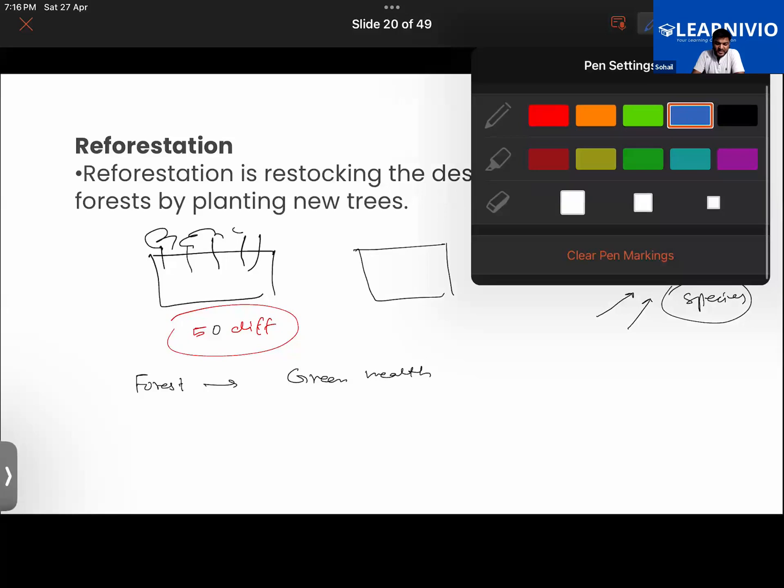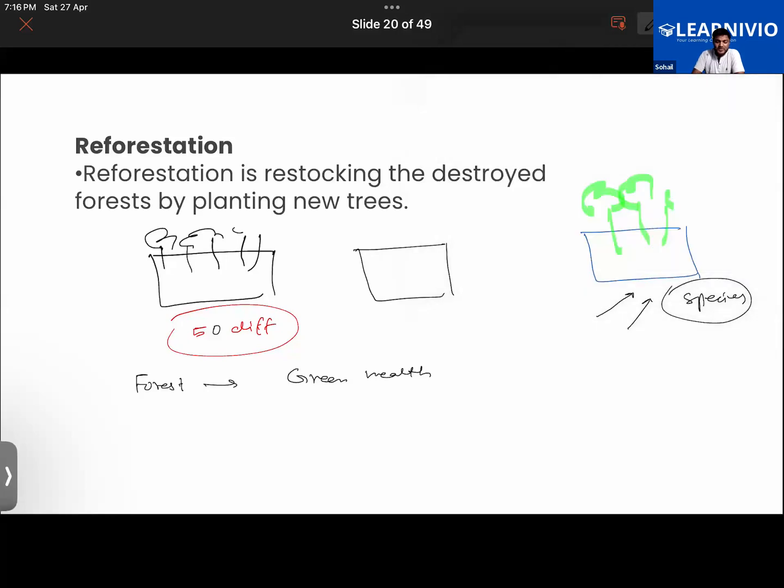If you might have noticed, when there was lockdown in the pandemic, you might have seen that so many rivers became clean. So many forests started to become very lush green. Did you guys notice that? Visibility increased, air visibility increased. So we have seen that nature can repair itself naturally also.